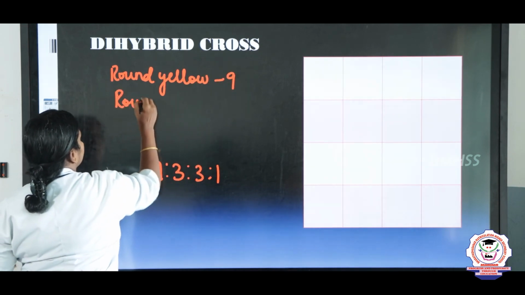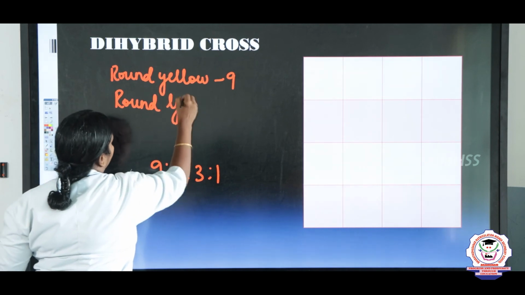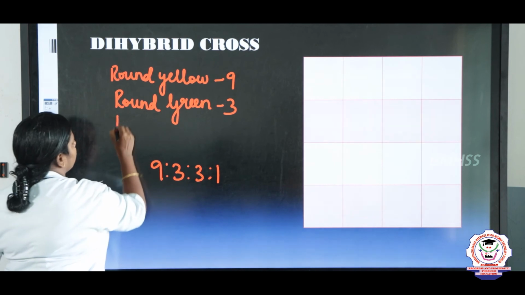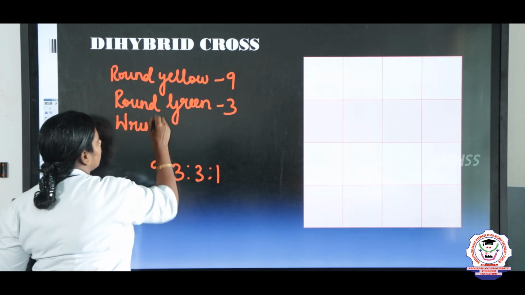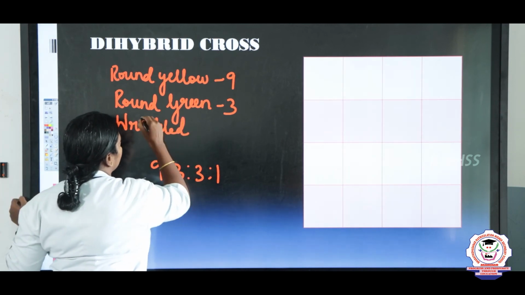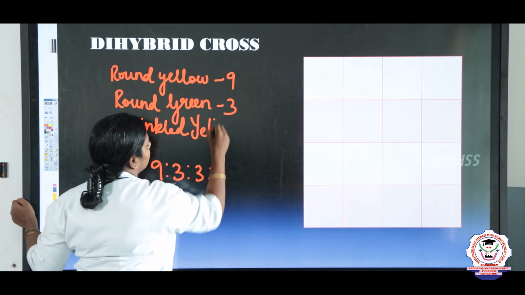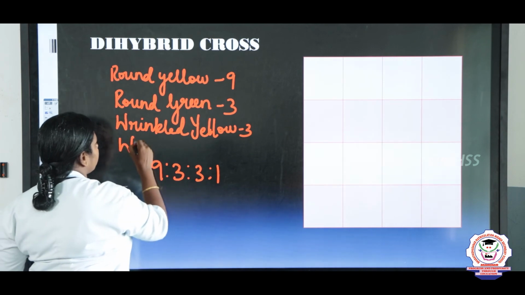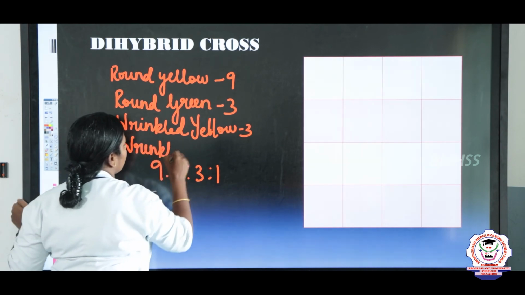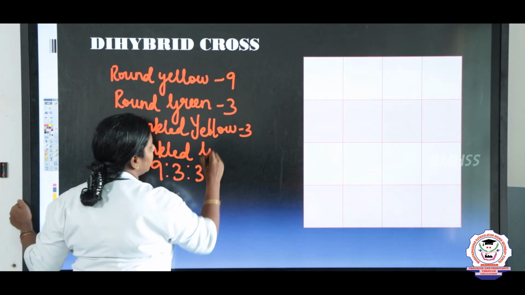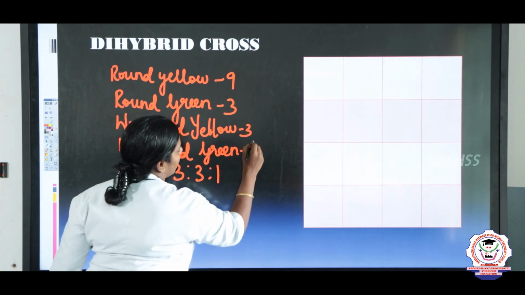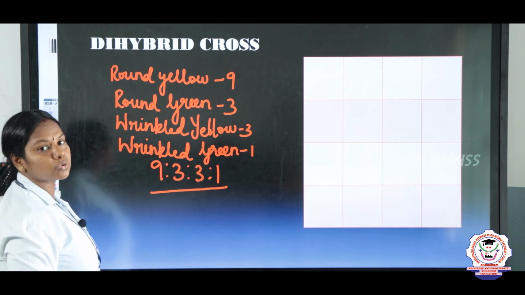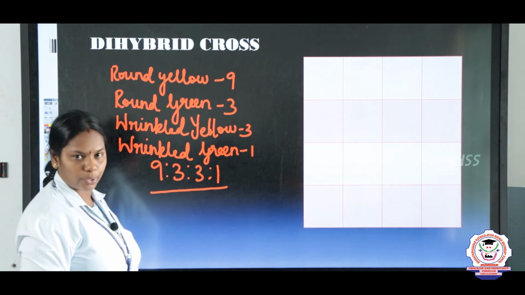Round green 3. Wrinkled yellow 3. Wrinkled green is 1. So what is the ratio? 9:3:3:1. So this is the dihybrid ratio.